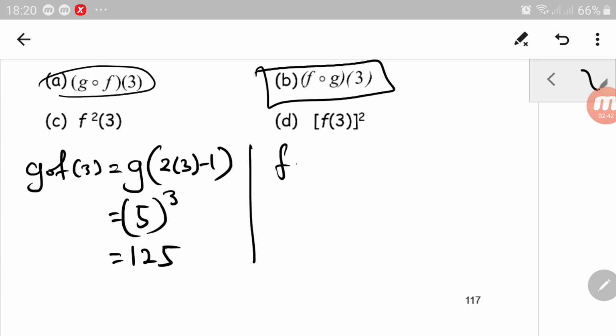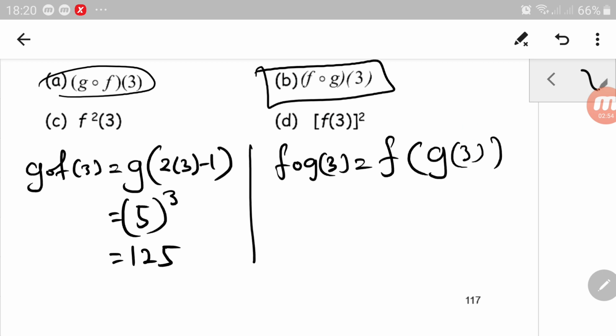Now we continue with this one. f composite g of 3 equals f with g(3) inside. What is g(3)?